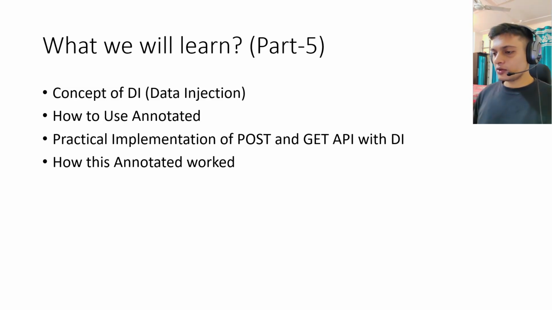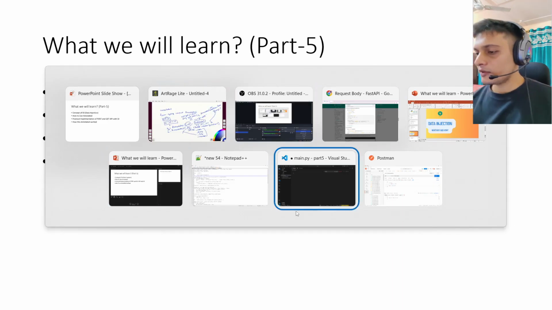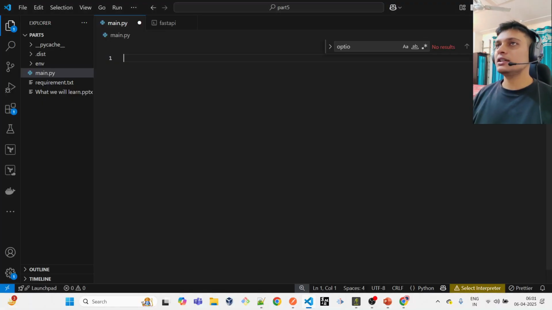So let's go to our code terminal, and we will create the code. We are going to create a GET API and a POST API, and it will be of sample data because we don't have any kind of database right now, so we are creating a dummy.